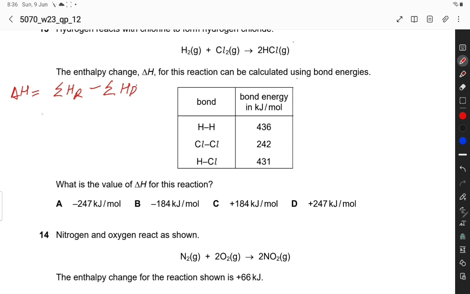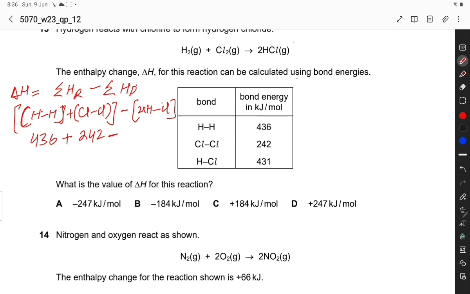So reactant minus product: H-H plus Cl-Cl minus two H-Cl. H-H is 436 plus 242 minus 2 into 431.